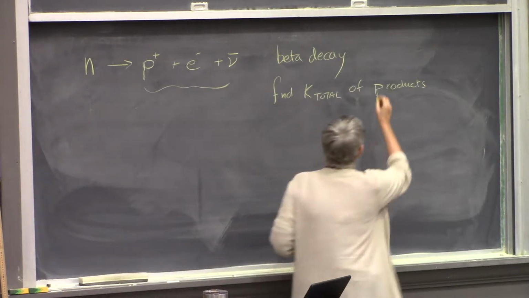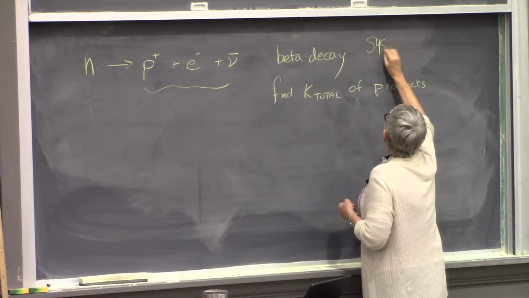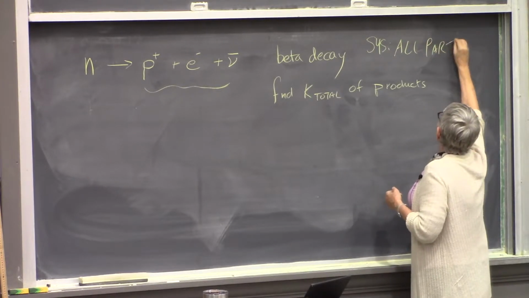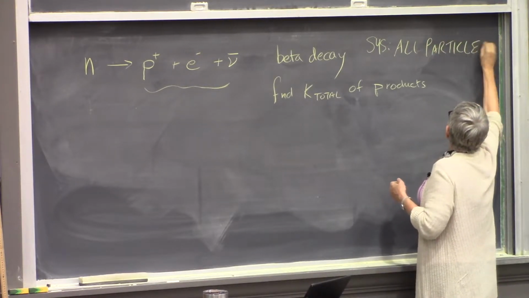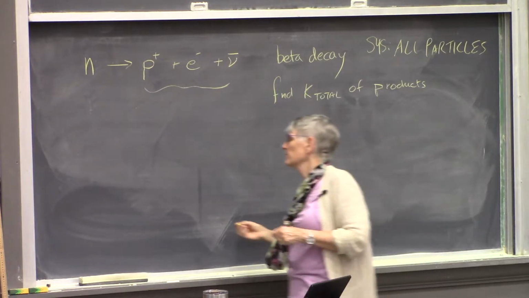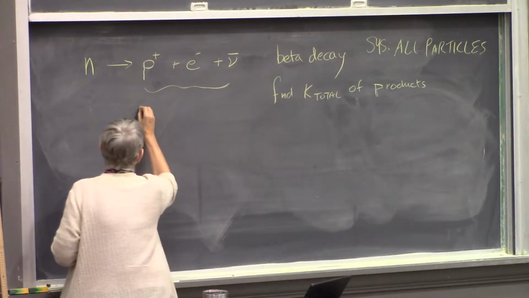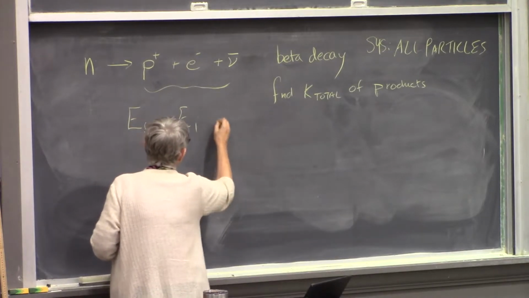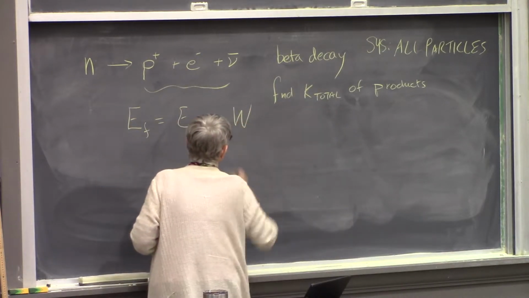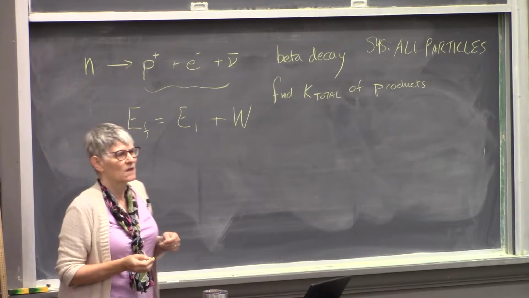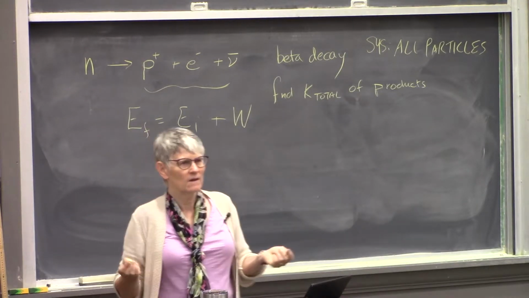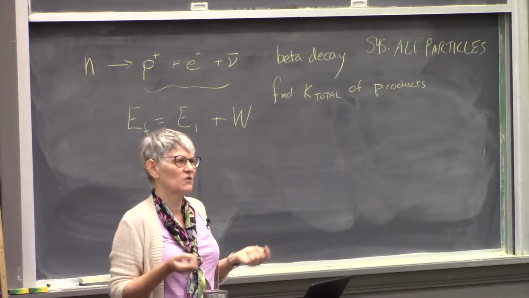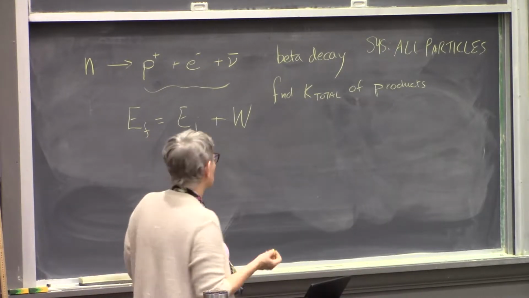So system: all particles. And so the energy principle we'll write as E final equals E initial plus work done by the surroundings. Well, this is a pretty process, and it's very quick, and so there probably isn't any work done by the surroundings.